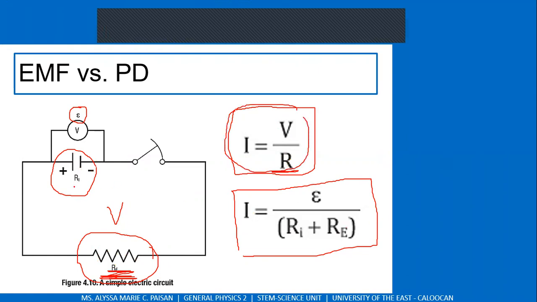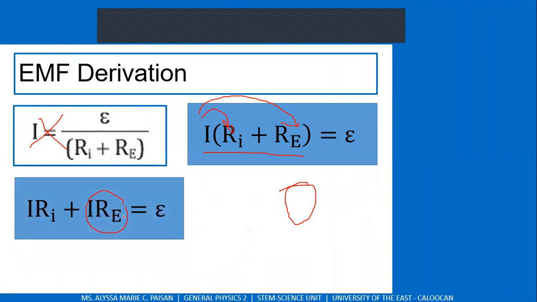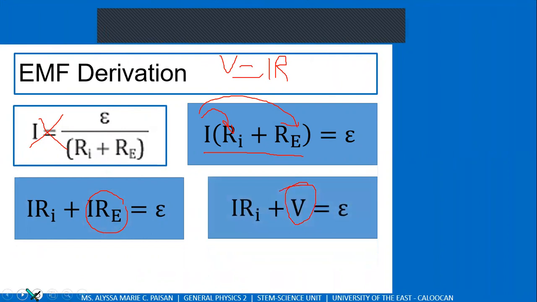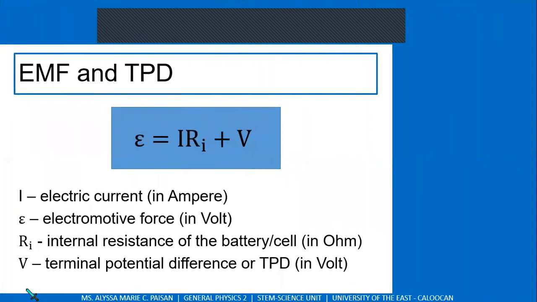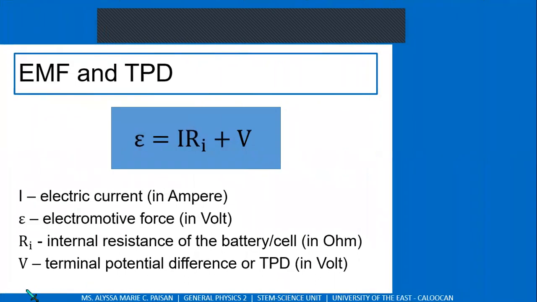Nagiging complicated lang when we already considered the resistance of the battery itself. Okay? Kaya dito, when we multiply the I and RE, alam naman natin galing yun sa V, is equal to IR. Ayan. Pwede natin siyang i-transform into V. Okay? Ayan. So, pwedeng gamitin natin yung mga equation na nandito para sa electromotive force or pwedeng ito yung gamitin natin. No? Mamimili lang tayo depende sa given.